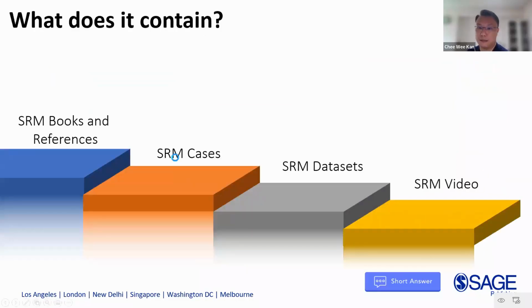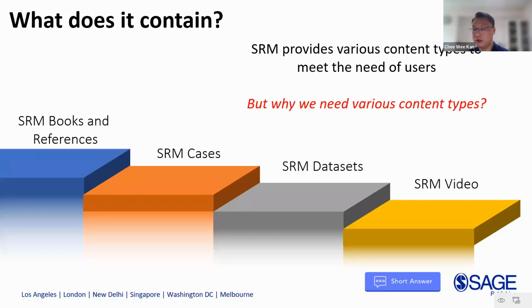Now, as I mentioned, there are books and references, SRM cases, the data sets, and the videos. Why do we have so many types of content?